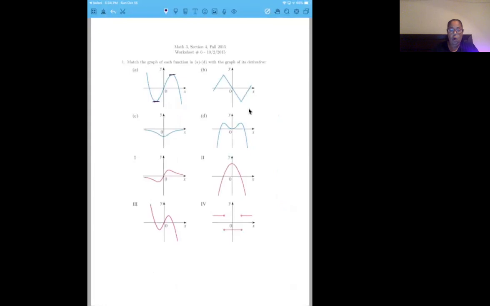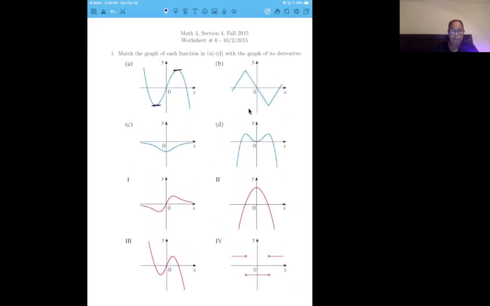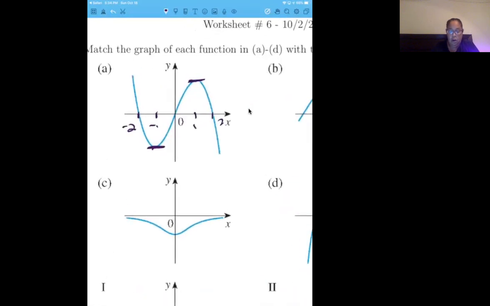What else I know is, I don't know what this point is, but let's just say that this is -2, this is -1, this is 1, and this is 2. I know that this is decreasing from -infinity to 1, and then again from 1 to infinity.